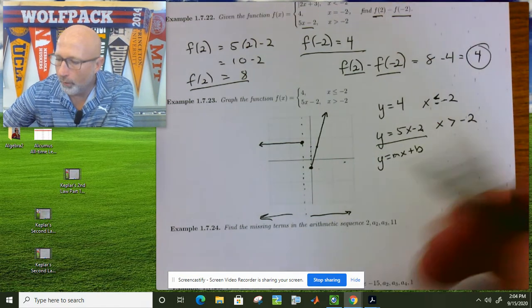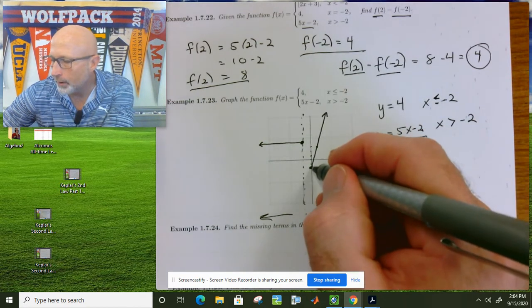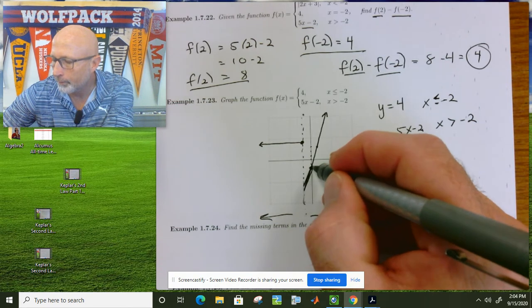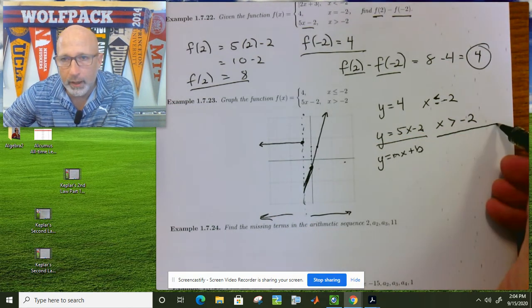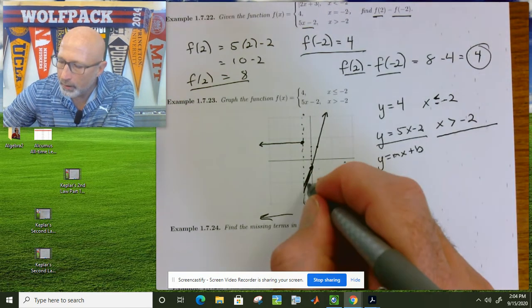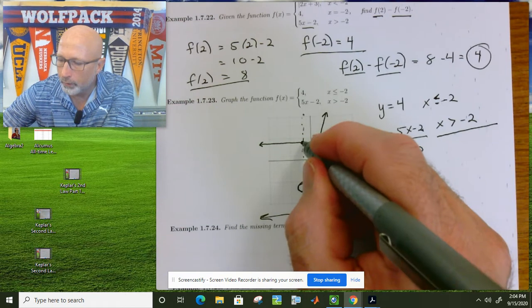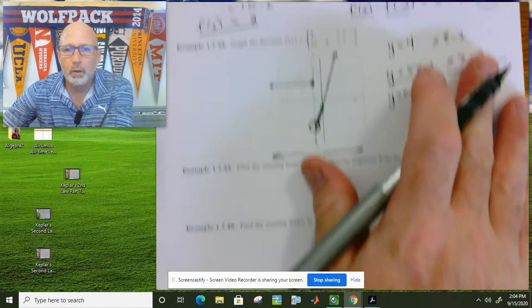But this graph is valid all the way back until this line. So you have to keep going down until it hits there. Maybe it should be a little bit lower. And this only works when x is greater than negative 2, which means you need to have an open circle right there. Closed circle there, open circle there.